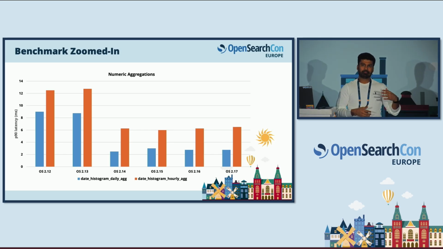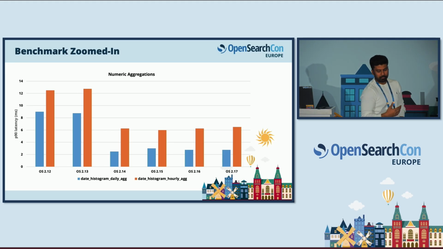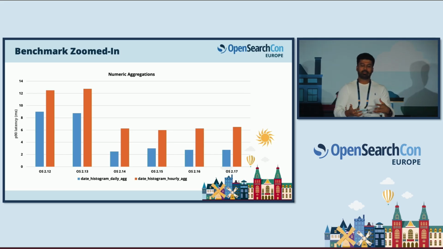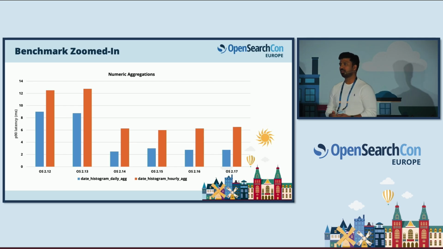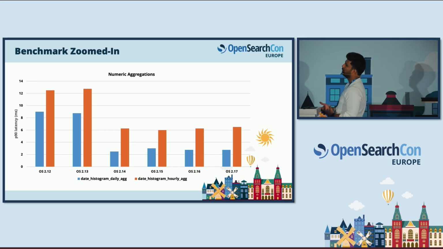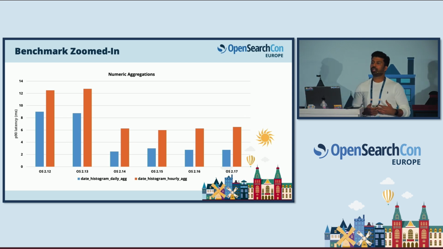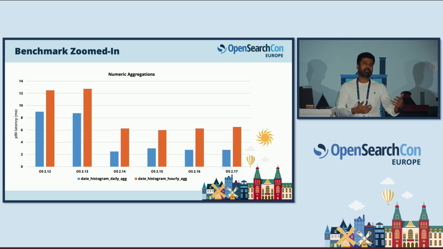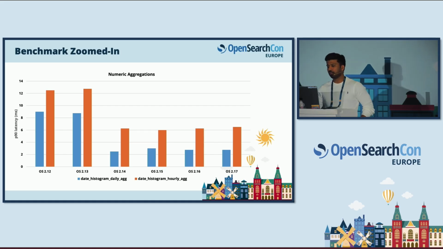Because of the 100x improvement compared to 2.7 and 2.11, we are not able to see that after multi-range traversal, we were able to bring down the latency further from 12 milliseconds to about 6 milliseconds. So this is a further 2x improvement, and combined with the 50x that we had earlier, this gives us a 100x improvement in the latency.